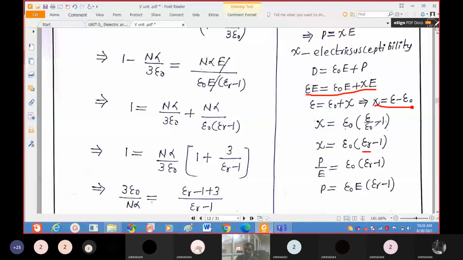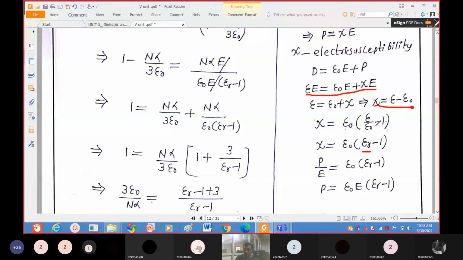Therefore P is equal to E into epsilon naught into epsilon R minus 1. This is the relation between the polarization and the electric field.